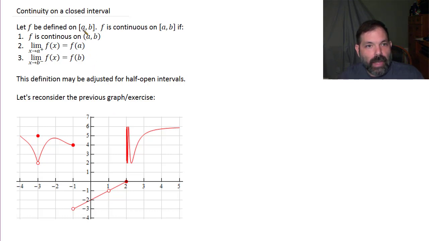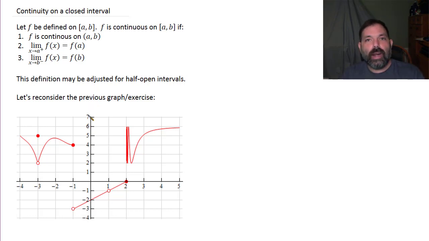So if we're thinking about a, where a is the left boundary of the interval, we need to show that the limit as x approaches a from the right of the function is equal to f of a. Similarly, if we were looking at the right endpoint, b, we would want to show that the left limit, the limit approaching b from the left of f of x, is equal to f of b.